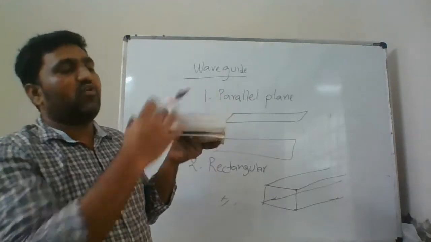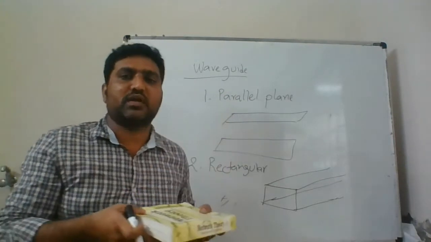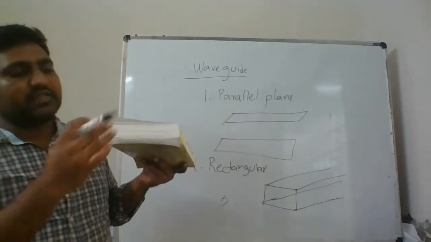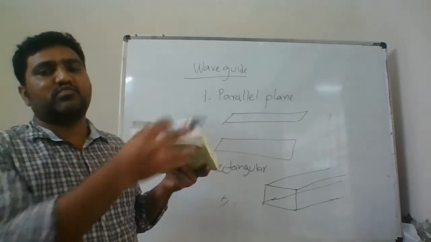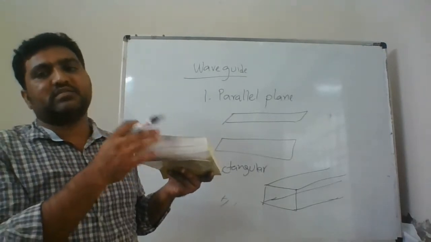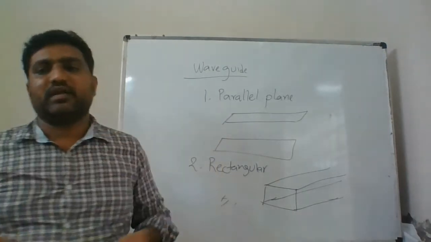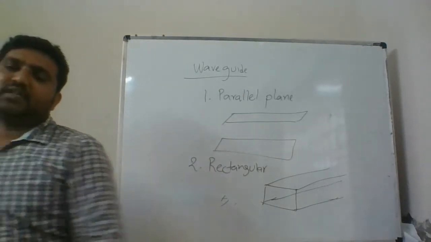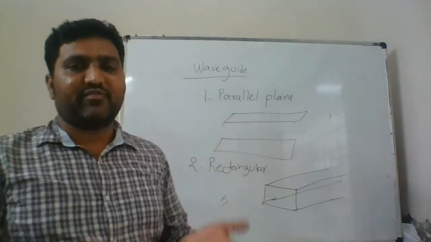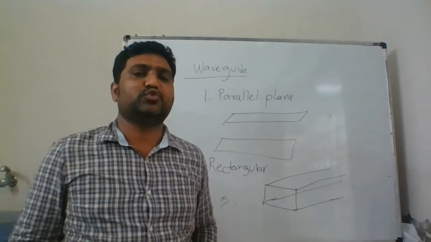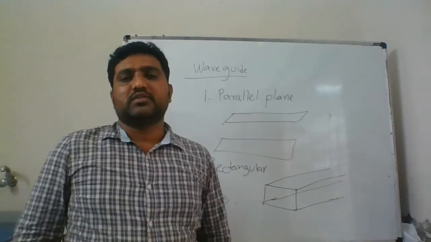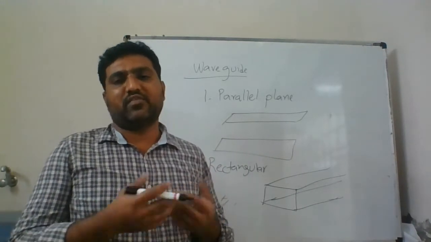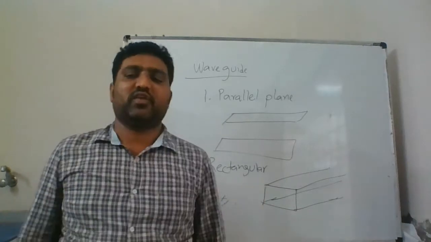I form a box with the help of four conducting plates, and inside this box the space is hollow. There is no material present inside, so it is air filled or vacuum filled. You can assume it as air filled. This kind of structure is called a rectangular waveguide.